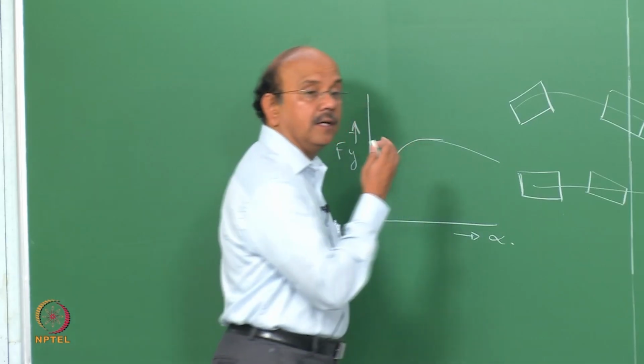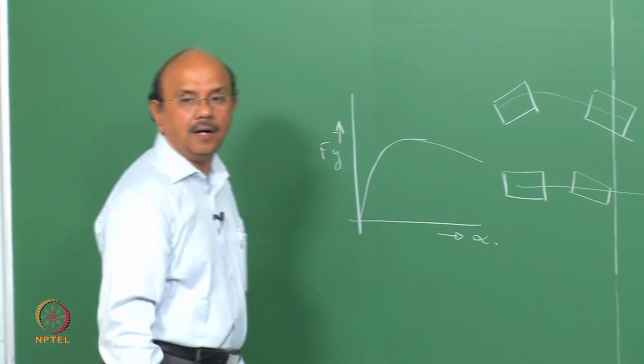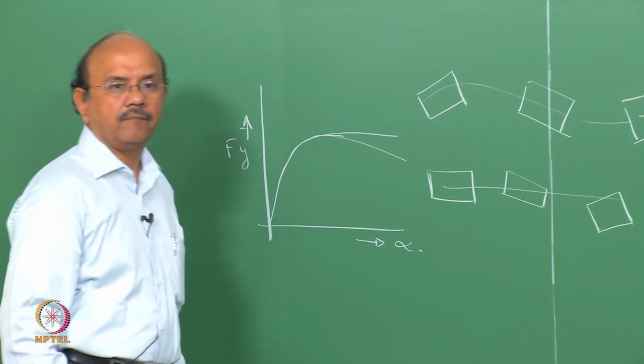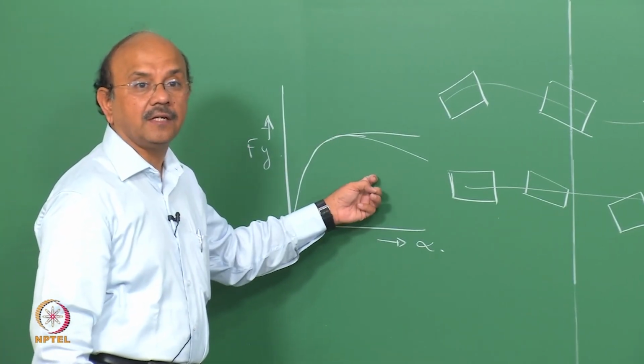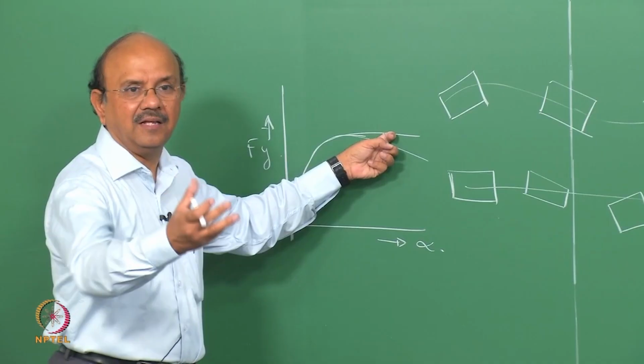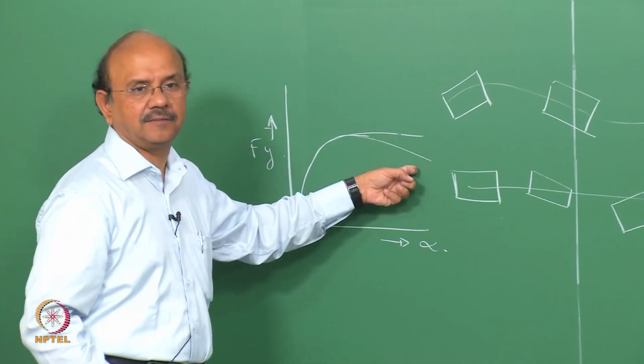But a tire need not have a very sharp unstable region. It can be quite flat, in which case the controllability of this tire, or at the limit, or the grip as we call it, is better than this.